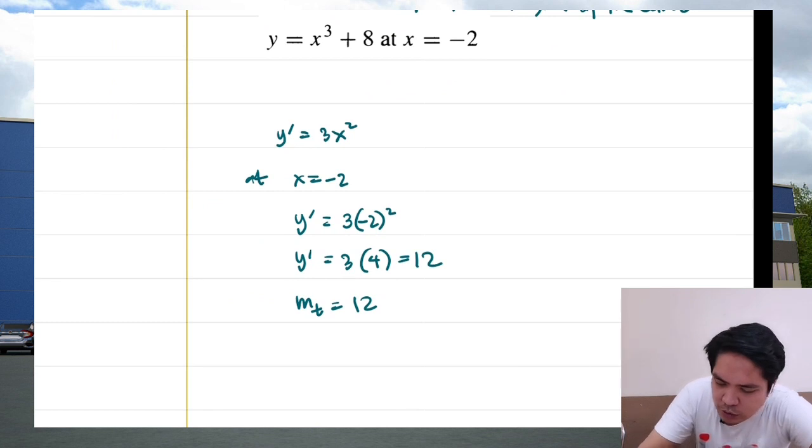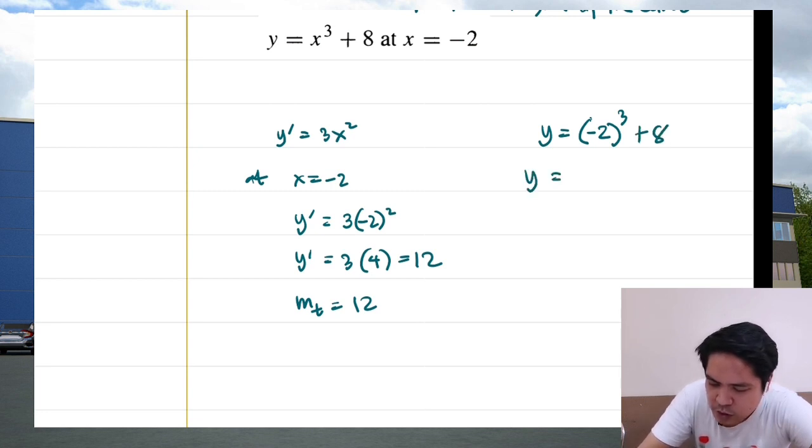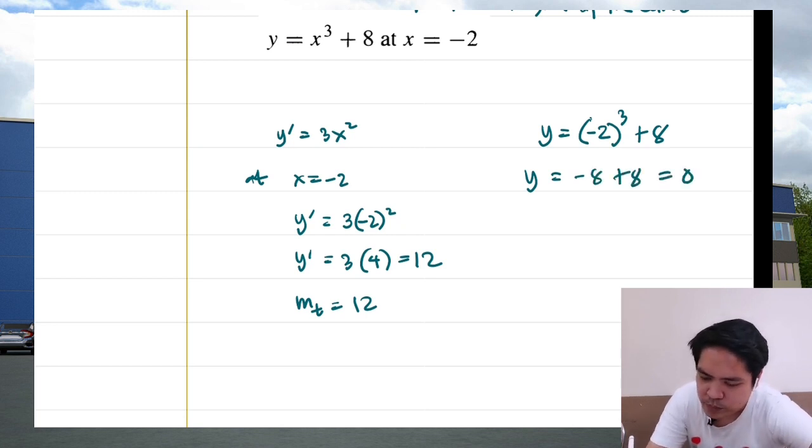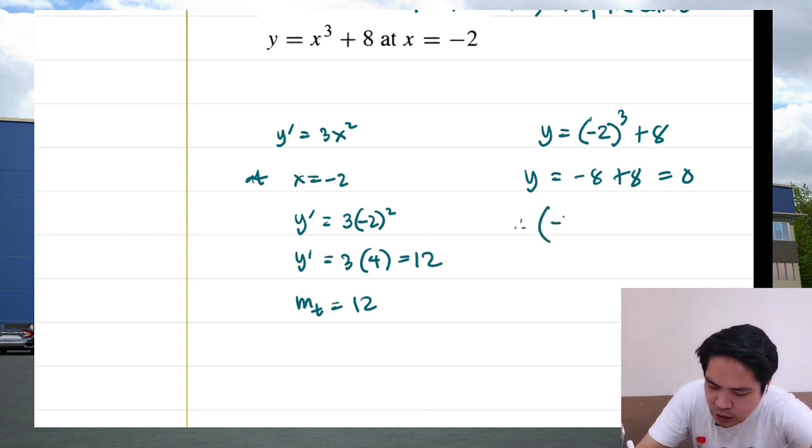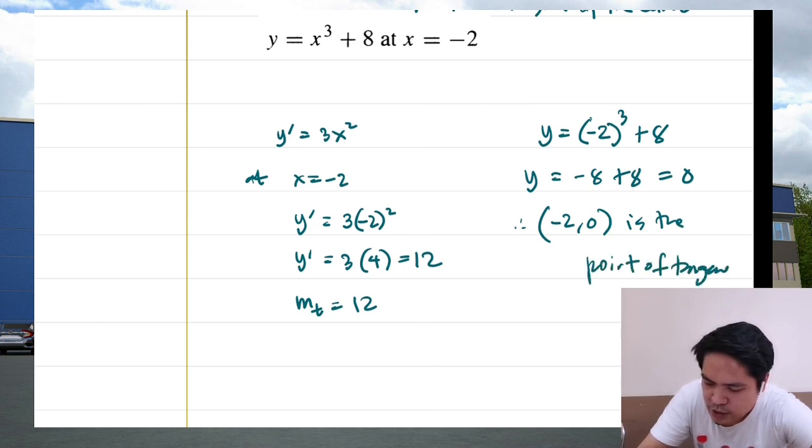So kunin lang natin yung value ng y. y is equal to negative 2, substitute lang natin yung negative 2 sa x. So negative 2 cubed plus 8. So therefore, we have y is equal to negative 8 plus 8. So that would be 0. Tama ba? Okay, 0.